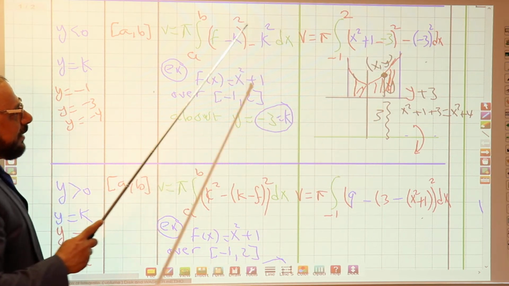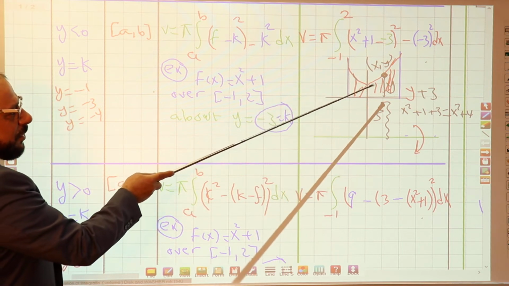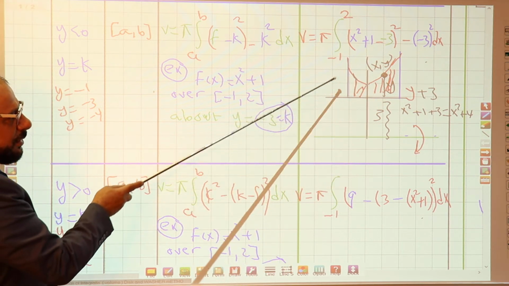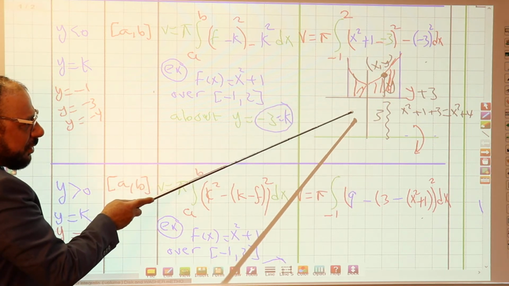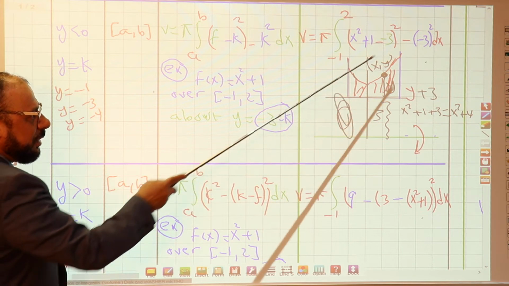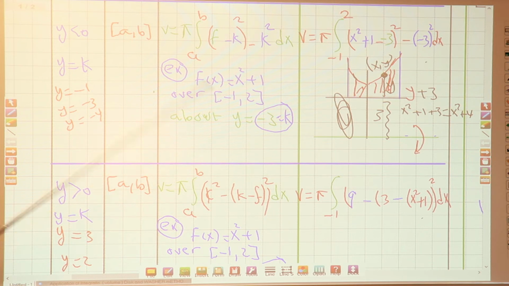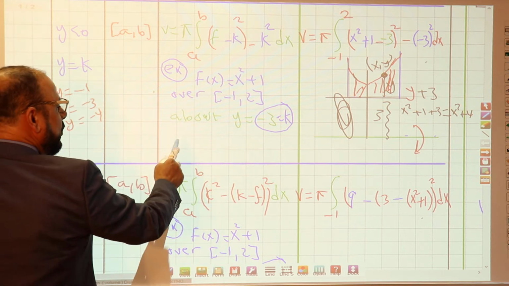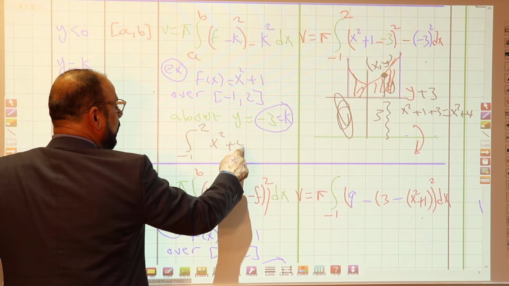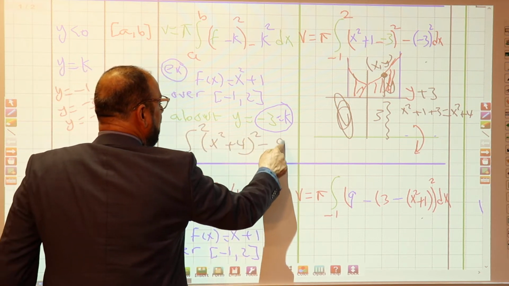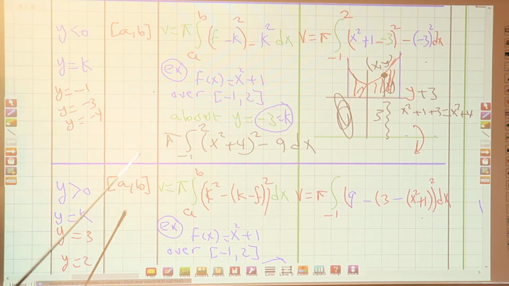And pi. Then you calculate from negative 1 to 2, x squared plus 4 squared minus 9, dx, times pi. And this is an easy integral to finish.